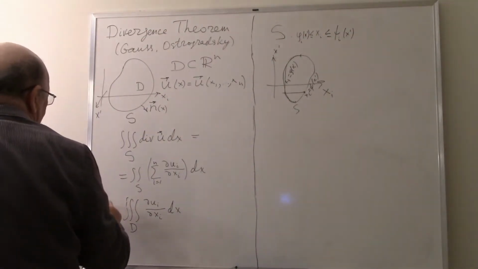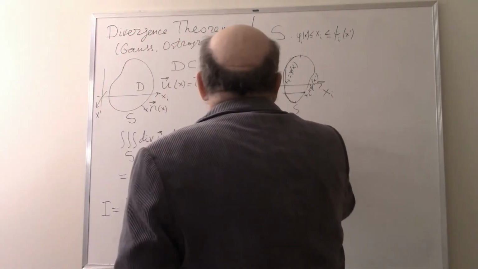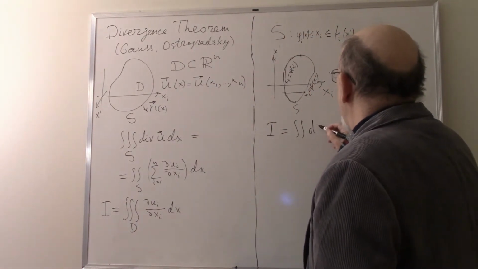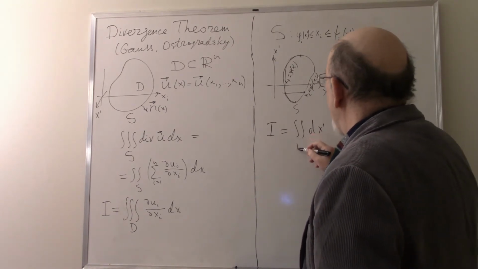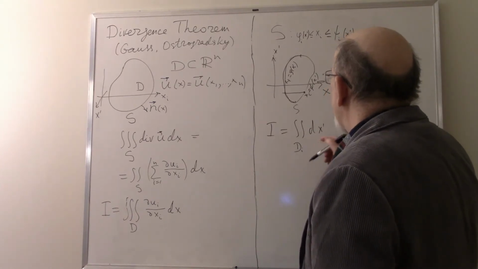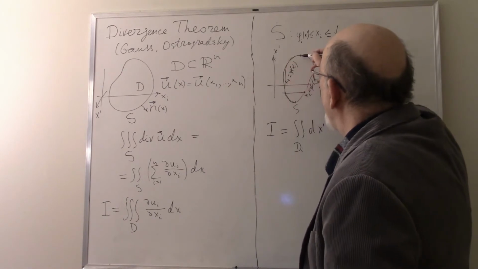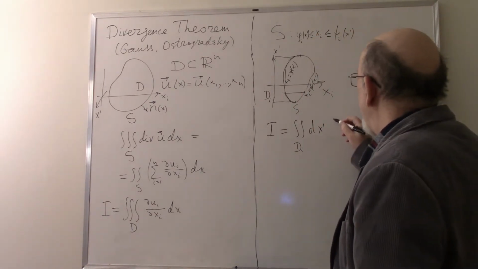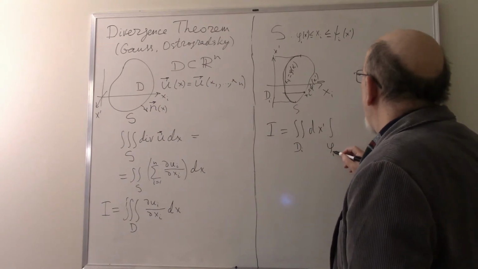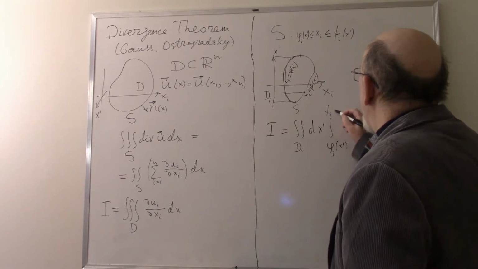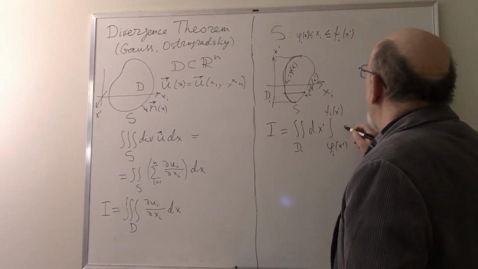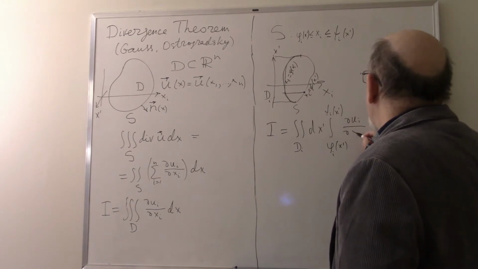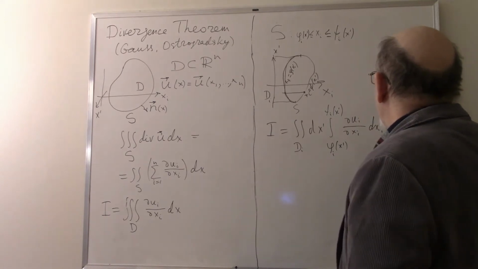Let me denote this integral by I. I equals the integral dx prime over Di, the projection of D on the x prime space, of the integral from phi i of x prime to psi i of x prime of dui/dxi dxi.